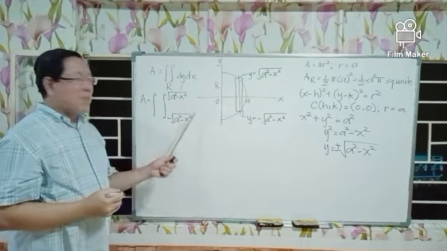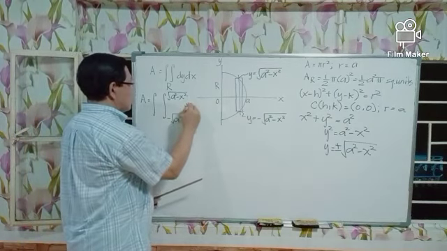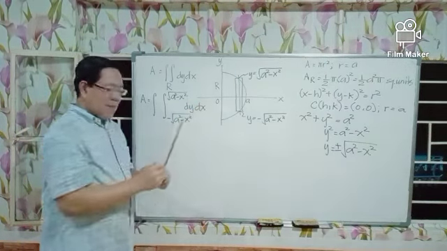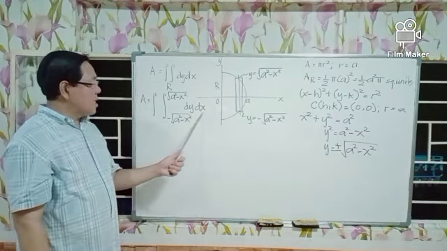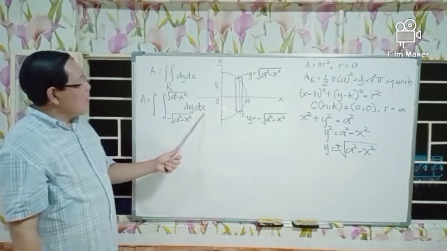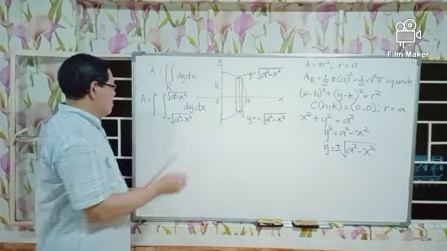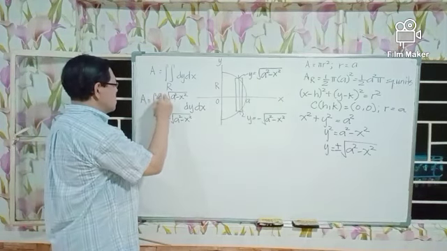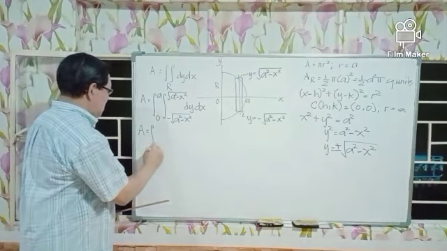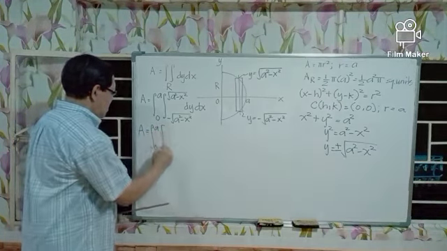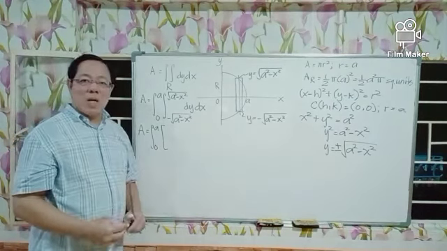We integrate with respect to y first and then with respect to x. And the limits of the integral sign when we integrate with respect to x, the value of x is from 0 to a. Integrating now with respect to y, the integral of dy is y.